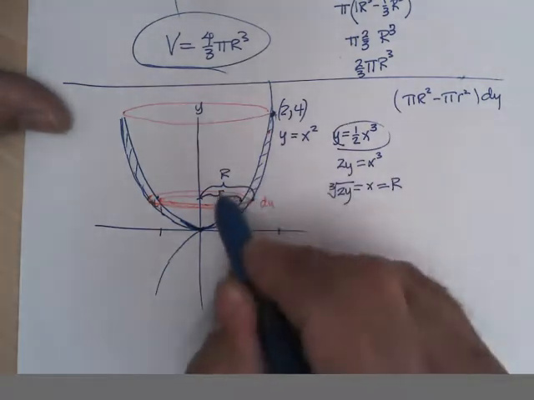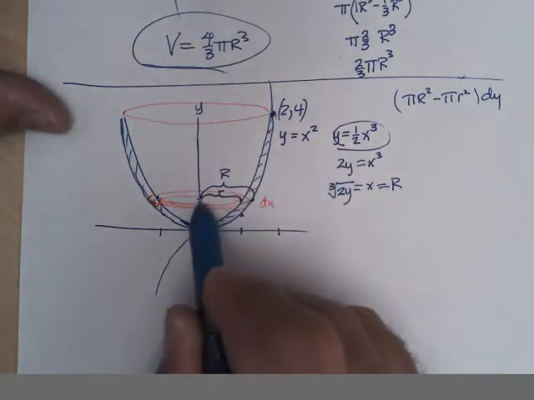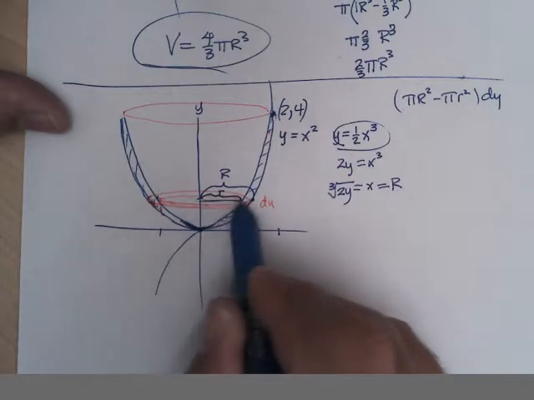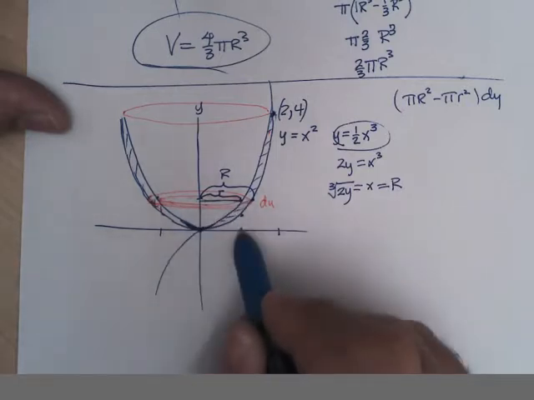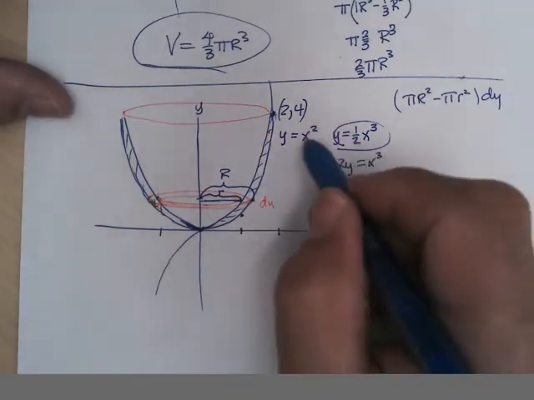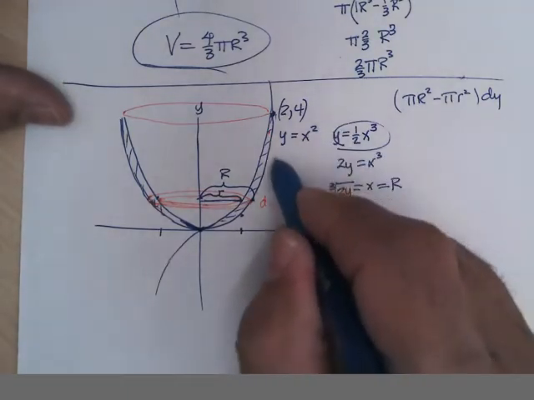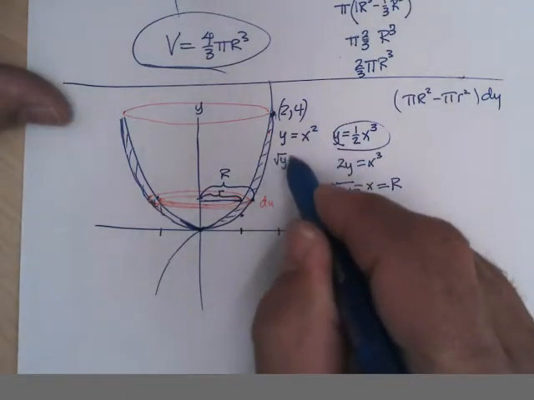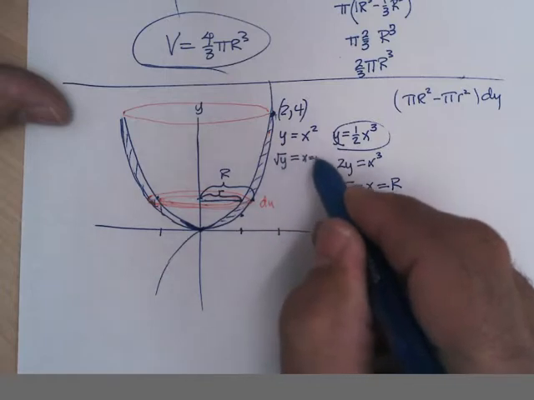And the small r would be just x for the other graph, because it's over x, up y, to the curves. And so I have to solve for x, and I would get the square root of y is x, which is the small r.